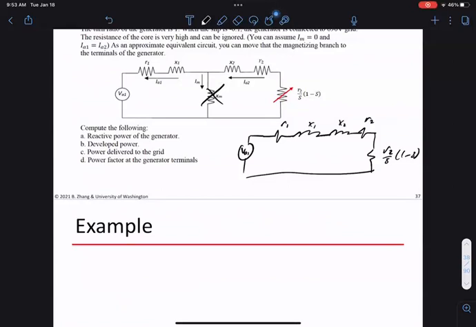To compute reactive power, one thing we can do is to first compute the current and look at the current flowing through each of the inductors. The only things consuming reactive power in this grid are the two inductors, X1 and X2. If we know the current, we can figure out how much power they consume.